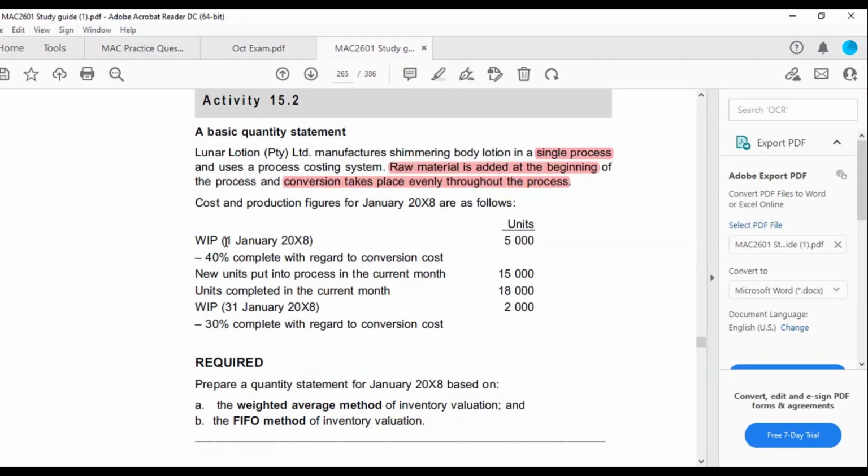You have the WIP at the beginning, which is 5,000 units, 40% complete with regards to conversion cost. New units put into production for the month is 15,000. Units completed for the month is 18,000. And then the WIP at the end is 2,000, 30% of it complete with regards to conversion cost.